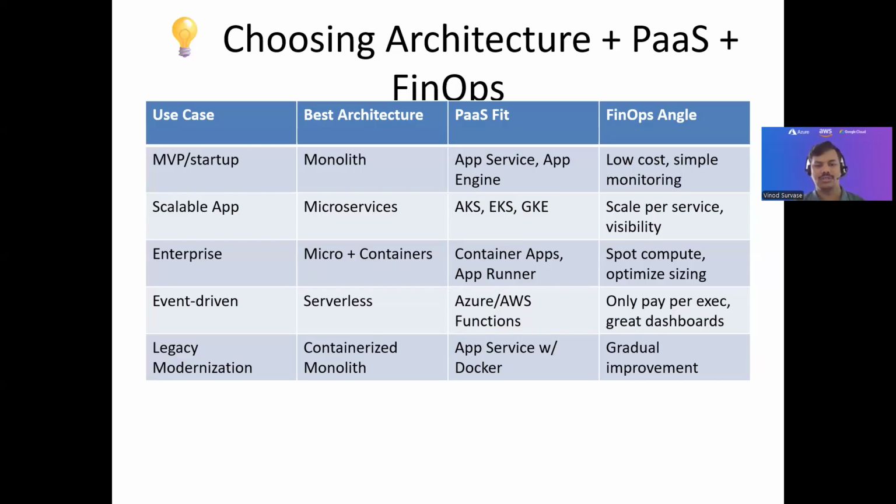And for event ones, of course, serverless, Azure Functions, AWS Lambda functions, only pay for execution and great dashboards to see what is happening. And the legacy modernization is going to be containerized monoliths with App Service, with Docker and gradual improvements. So this is how the combination of choosing the right set of architecture with the PaaS and mapping the FinOps on top of it.